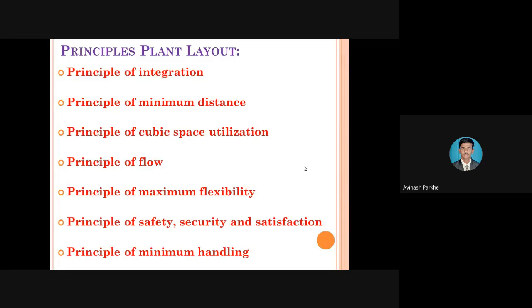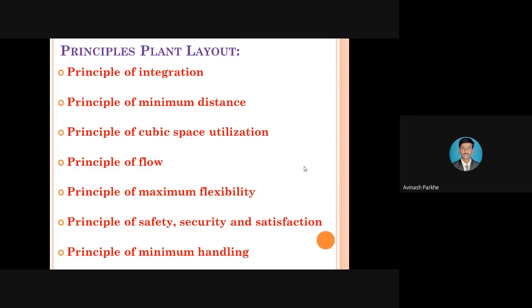If we do not consider all the principles while designing, then your production cost will increase, your production time will increase, maybe your inputs increase, but your output is very less. It will automatically affect the efficiency and the productivity of your industry. Therefore, the design of the plant layout and its implementation in the industry is very important.